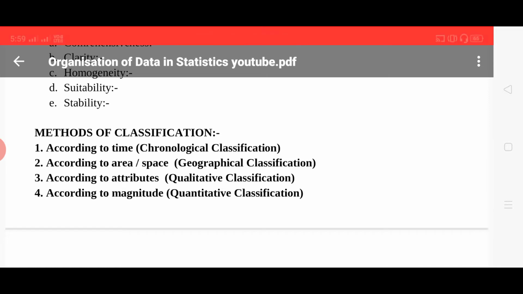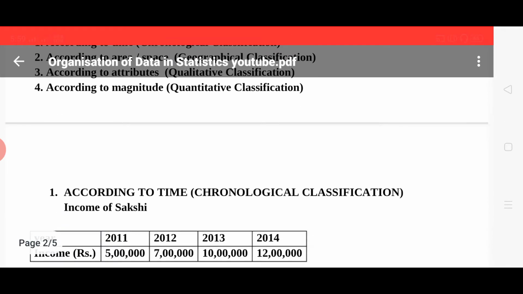On the basis of quality, that is according to attributes, we call it qualitative classification. According to magnitude, that is based on quantity, we call it quantitative classification. So these are four in number: according to time, chronological; according to area, geographical; according to attributes, qualitative; according to magnitudes, quantitative classification.